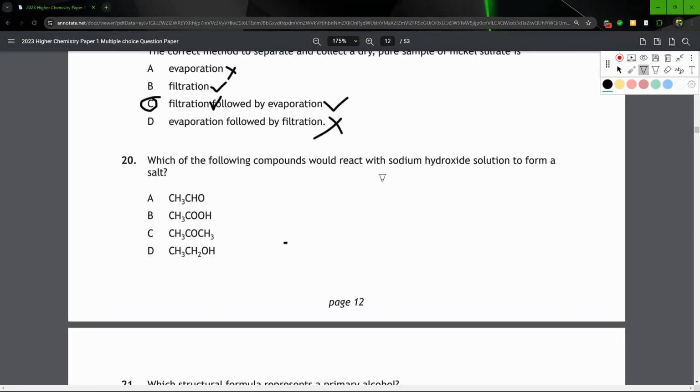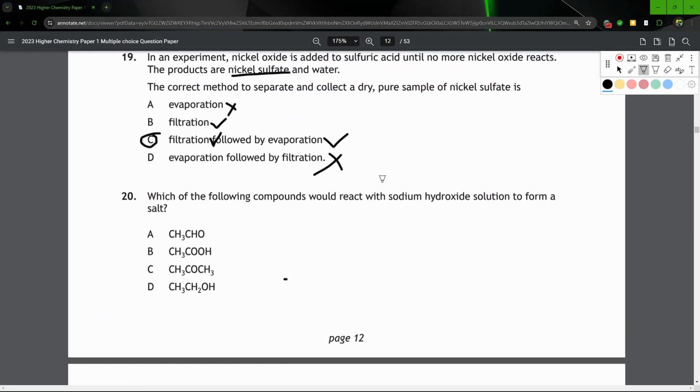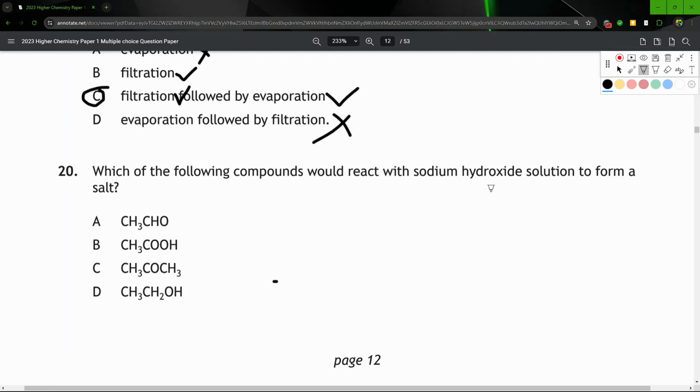Which of the following compounds will react with sodium hydroxide to form a salt? Okay, so sodium hydroxide solution is going to be an alkaline solution. So what we're looking for is an acid on this side. And the only one that jumps right out is B, because it has this COOH group here, which I'll quickly draw out for you.